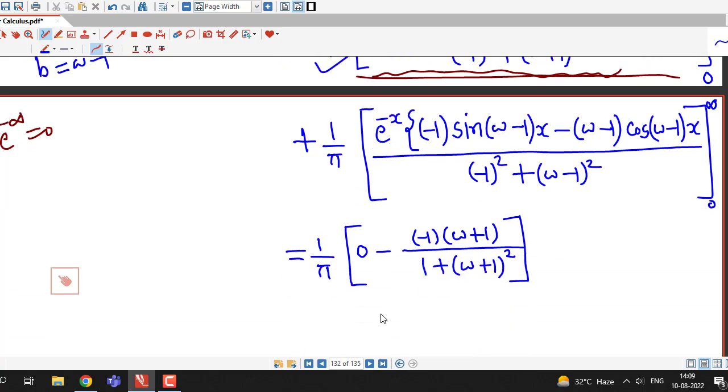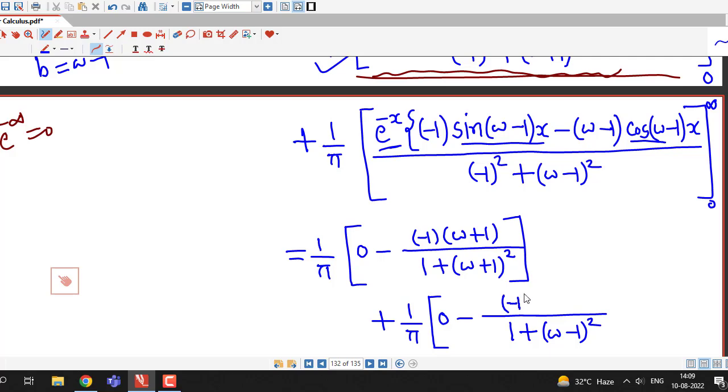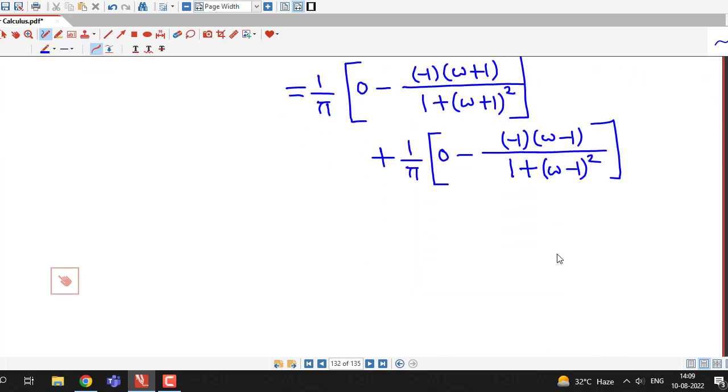Similarly, if we check the second one, again for x equal to infinity we have e raised to minus infinity, so 0, minus, and in the denominator we have 1 plus (omega minus 1) squared. For x equal to 0 this is 1, sin 0 is 0, and here we have minus (omega minus 1) cos 0, so we are left with minus 1 times (omega minus 1). Now we simplify all these things. We can take 1 over pi common again.